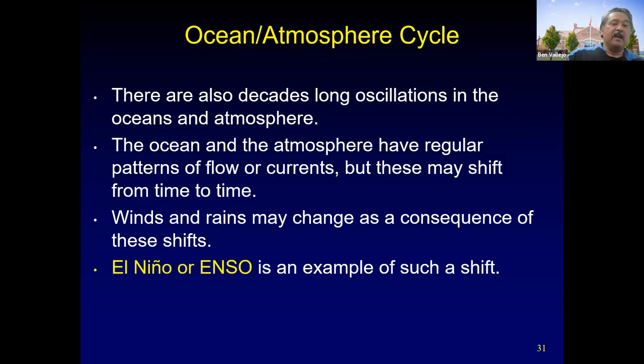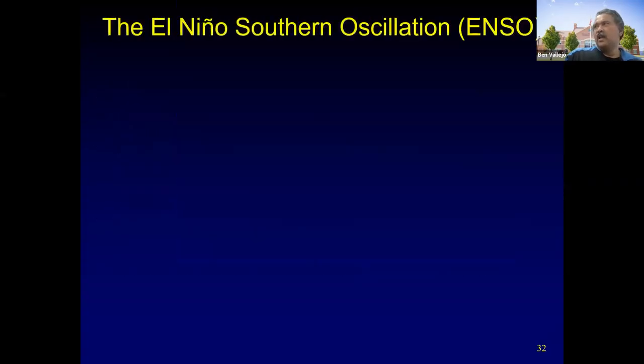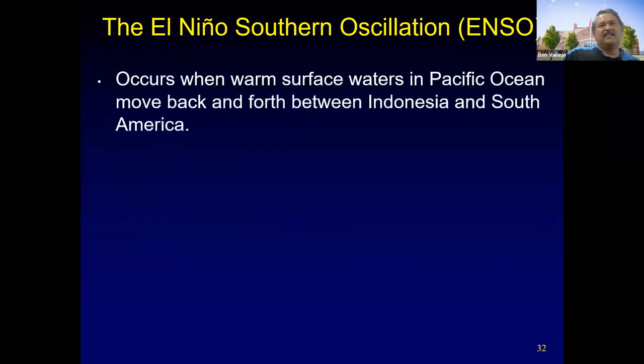All right. An example of this is the El Nino, or the ENSO, which stands for the El Nino Southern Oscillation. We remember years ago, maybe 10 years ago, we used to blame everything on El Nino in California. Even the Lakers losing or something like that.